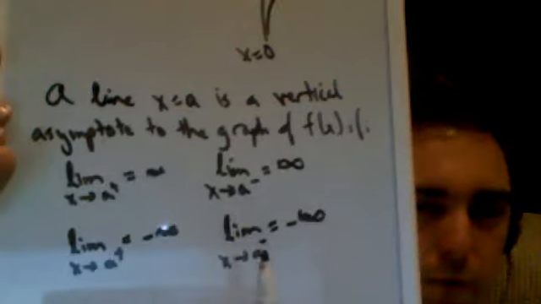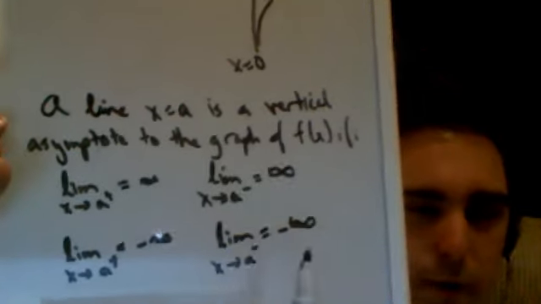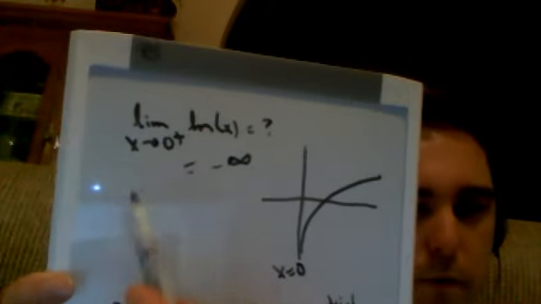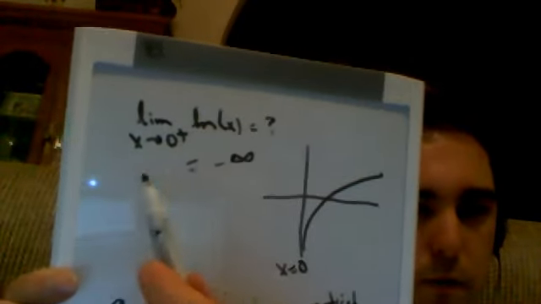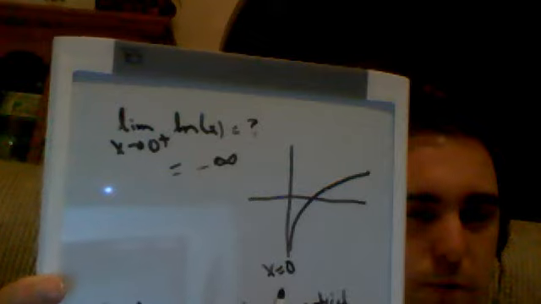Or we can have that the limit as x approaches a from the left is negative infinity. And that's what we've got here, where a equals 0. We've got the limit as x approaches 0 from the right equals negative infinity. So thus the line x equals 0 is a vertical asymptote to the graph of the natural log of x.